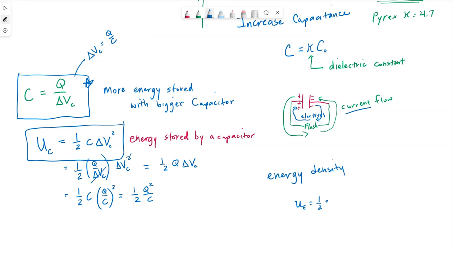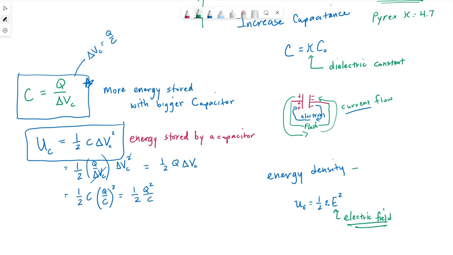This is our little epsilon naught constant we've been using. And then capital E is the electric field. The energy that is stored because of that electric field that exists between the plates. It's all about having an electric field between the plates.